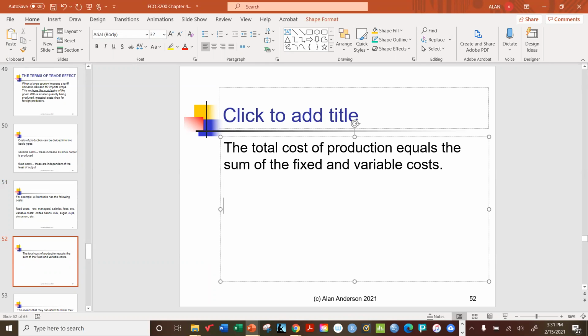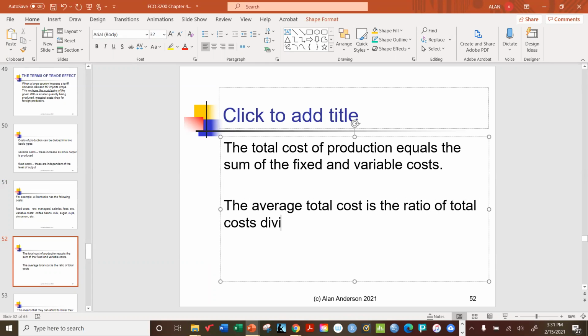Now, we often see calculated the average total cost, which is the ratio of total costs divided by output. That's a huge number. So let me show you a quick numerical example.